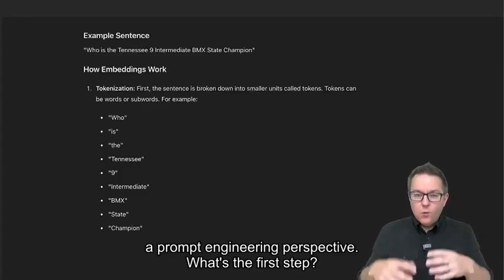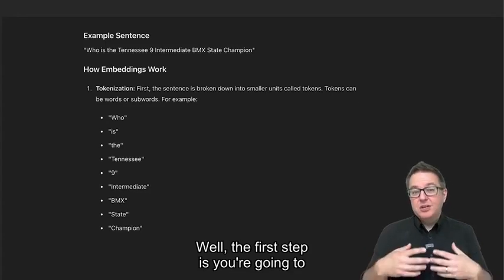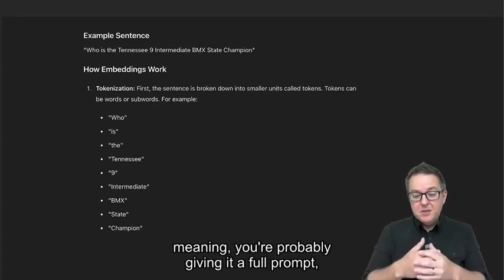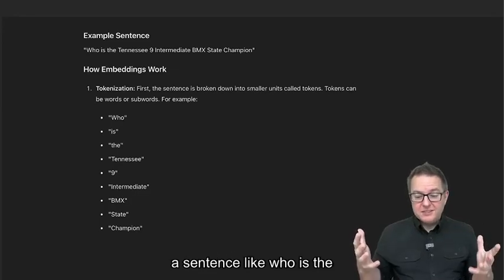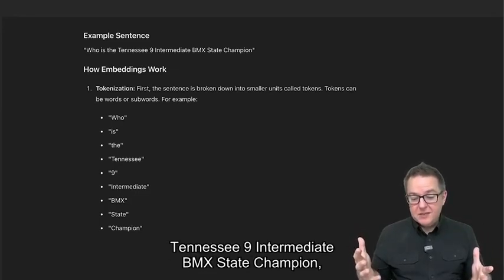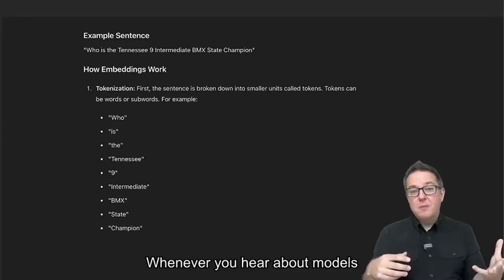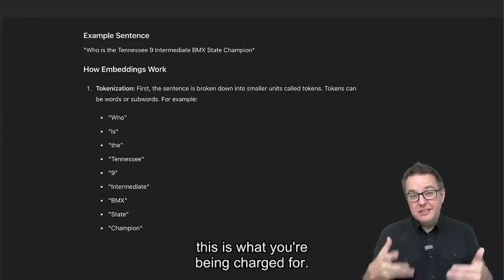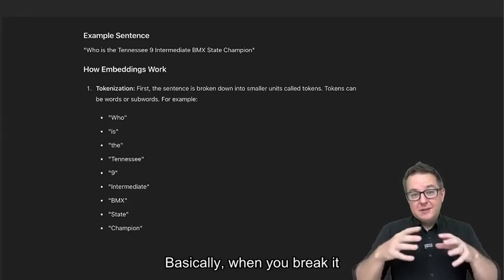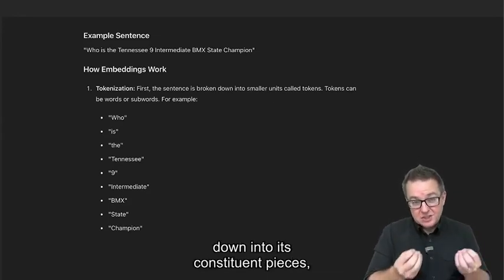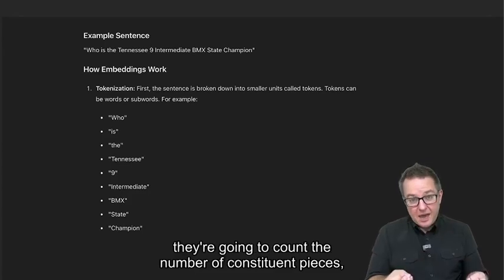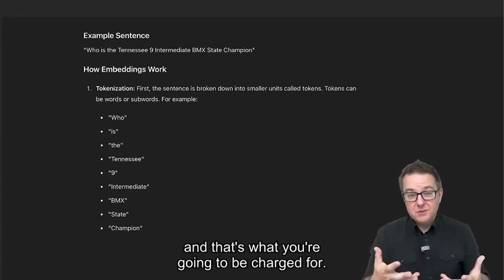All right, what's the first step? The first step is what's called tokenization. You're probably giving it a full prompt, a sentence like who is the Tennessee 9 intermediate BMX state champion, and it breaks that down into tokens. Whenever you hear about models charging in tokens, this is what you're being charged for. When you break it down into its constituent pieces, they count the number of pieces, and that's what you're charged for.